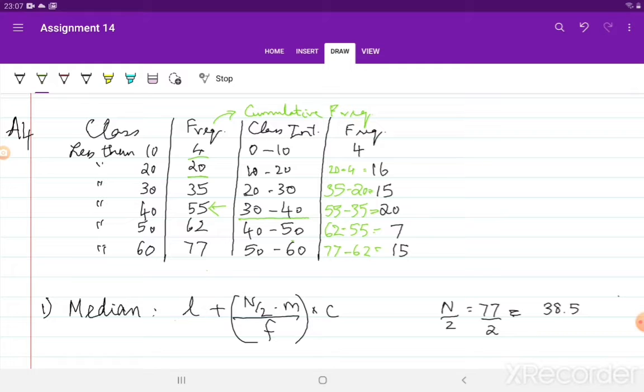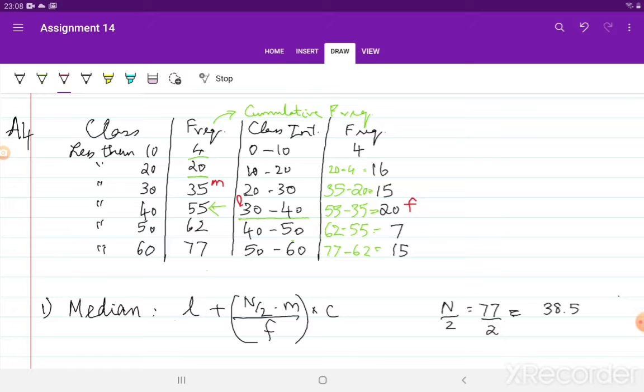Okay, let me use another color. I'm using red this time. 30 is your L, or the lower limit of the median class. Median class is 30 to 40. M is the cumulative frequency till the median class. So the cumulative frequency corresponding to 20 to 30 is 35, which becomes your M. F is the frequency of the median class.